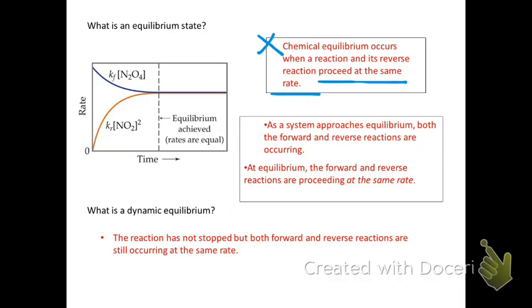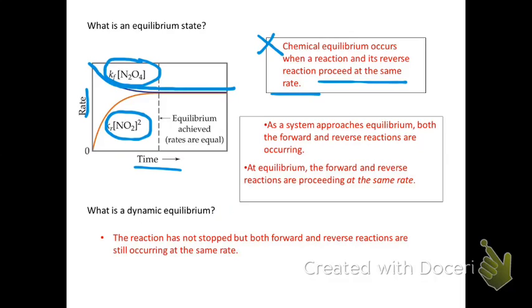It represents, we have up here our reactants, and NO2 is going to be our product. So the rate versus time here is what we're going to look at. And you'll see that the reactant rate is going to slow down over time, and eventually it's going to level out.